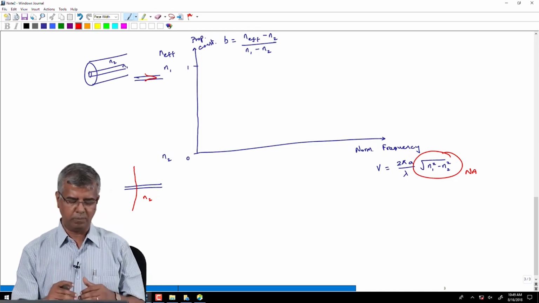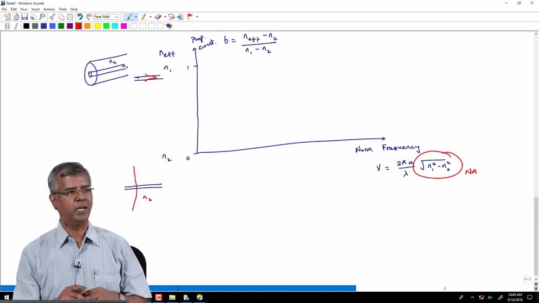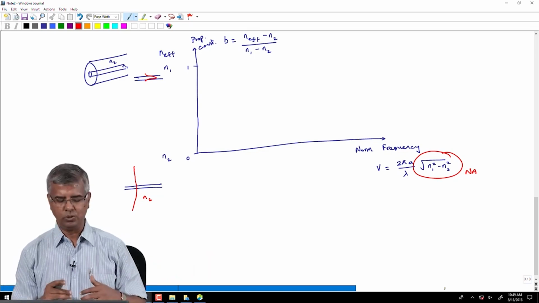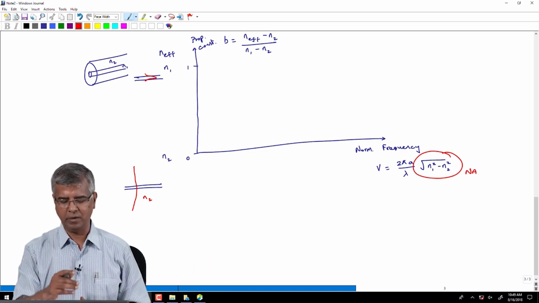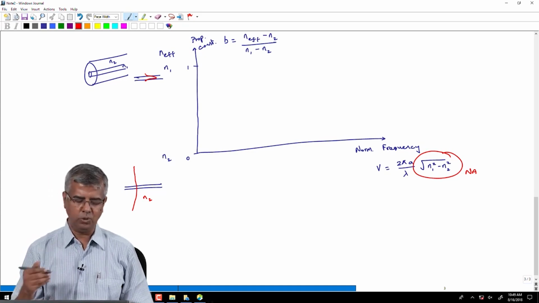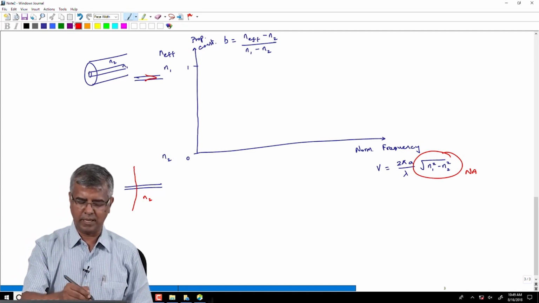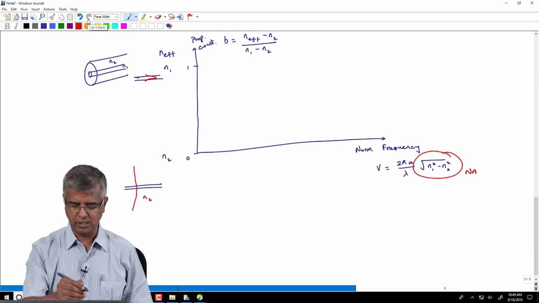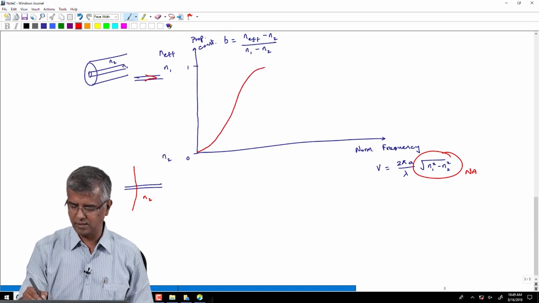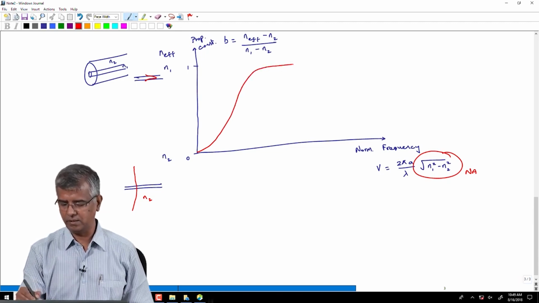So, you are going from very poor confinement, in which case all the energy is supported in the cladding, to a condition where everything is confined to the core. If you solve the Maxwell's equations, the wave equations, and we look at specifically what are the different modes that are supported, what you will find is something like this.